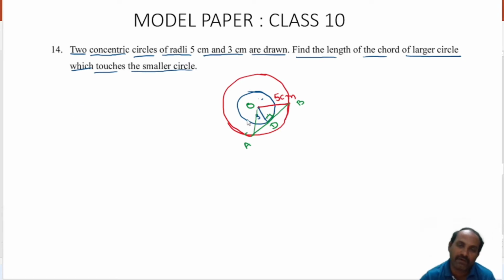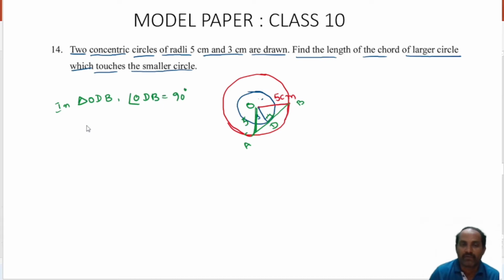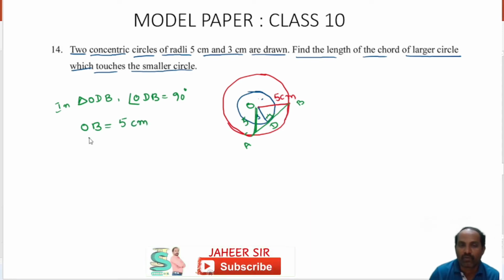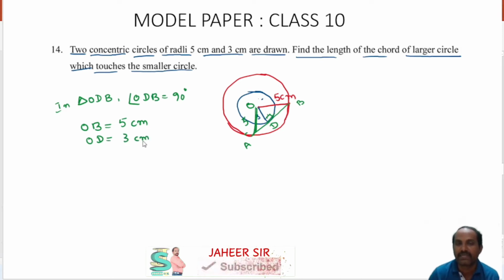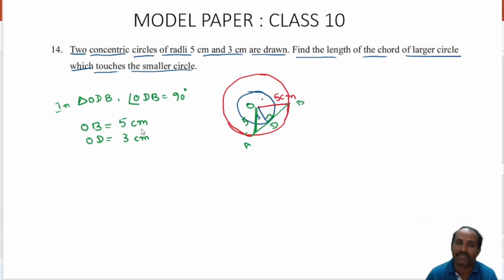This one here is also 5 centimeters because it is the radius of the larger circle. So in triangle ODB, angle ODB is 90 degrees, OB is 5 centimeters, and OD is 3 centimeters, because these are the radii of the two concentric circles.